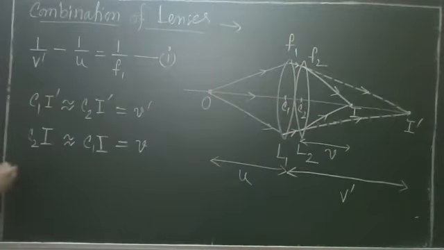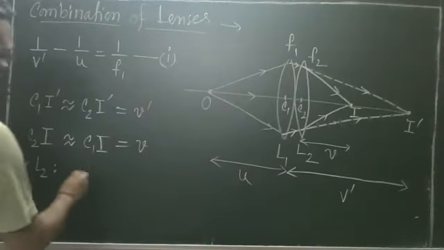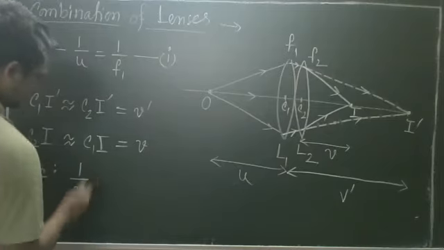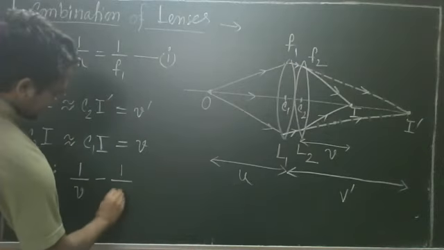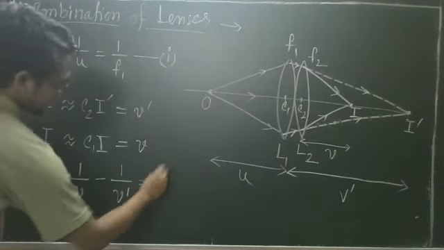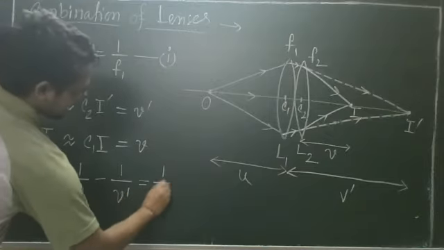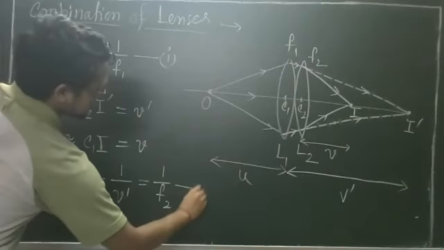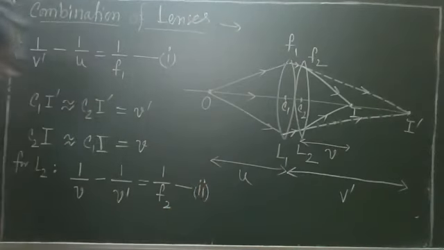So for the second lens, 1 by V minus 1 by V prime equals 1 by F2. This is equation 2.